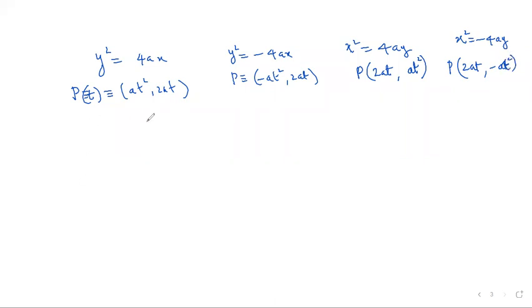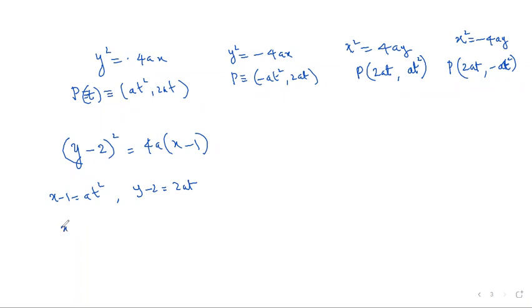Okay. Suppose the equation of the parabola is y minus 2 the whole square is 4a into x minus 1. What will be any point on this parabola? So this whole x minus 1 has to become at square, and y minus 2 should become 2at.